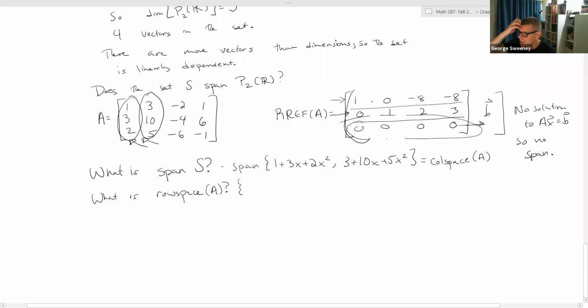So we start just like we did before, with the span of 1 plus 0x minus 8x squared minus 8x cubed, and then 0 plus x plus 2x squared plus 3x cubed.